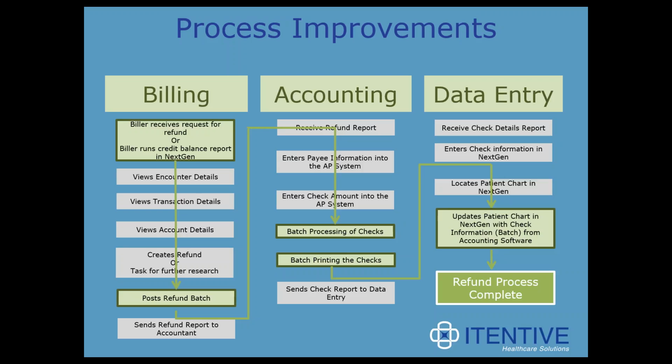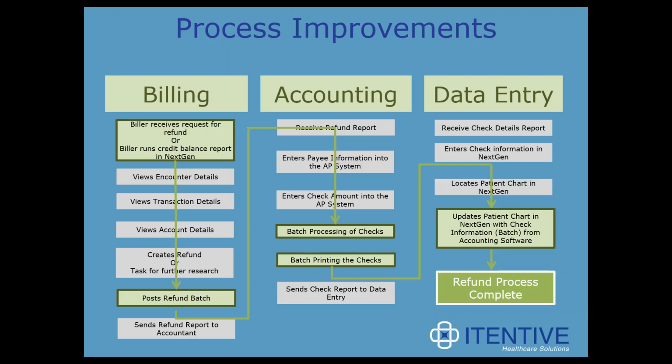So eliminating the data entry portion allows for fewer errors when entering the check information into your accounting system. And then the printing of the refund checks becomes basically automatic because the accountant just needs to make sure that check paper is in the printer and the checks are being printed out properly.